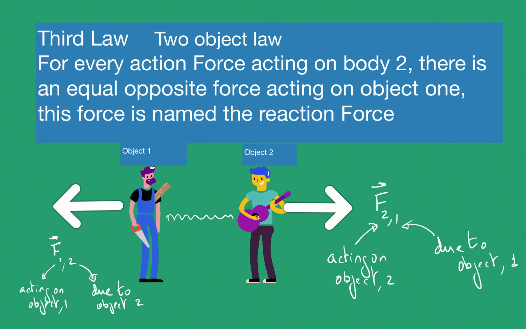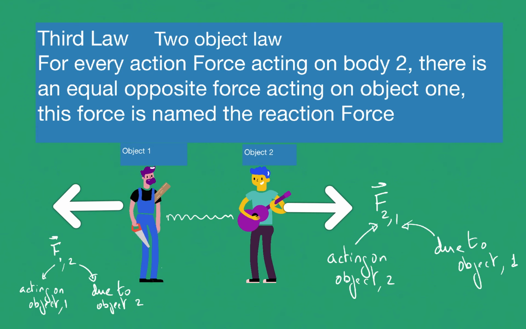What the third law says is that forces don't exist alone, they always exist in pairs. If this force exists, there is another force that also exists. This force is named the action, and the other force that exists is the reaction. And the reaction is on the object 1 and has the same magnitude but opposite direction.